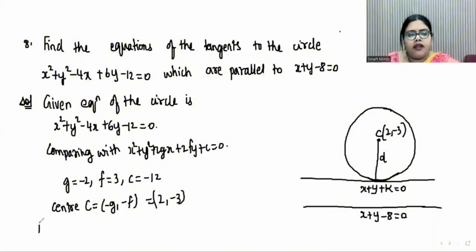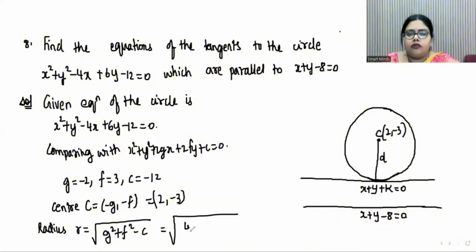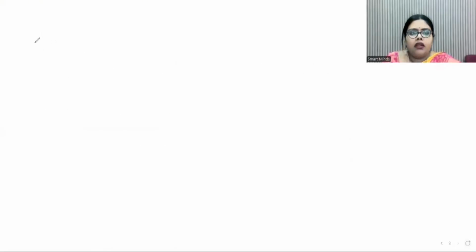Now after finding center, we need to find the radius. Radius r is equal to root over g square plus f square minus c. That is root over 4 plus 9 minus of minus plus 12. That is 5. So we got radius as 5. Now you see what is the given equation of the straight line.